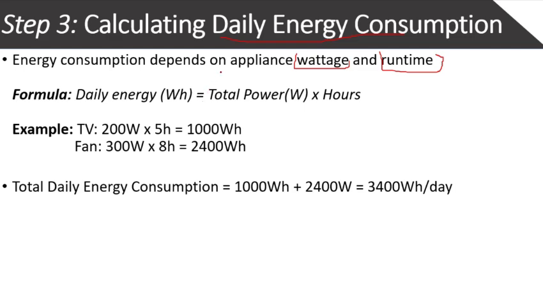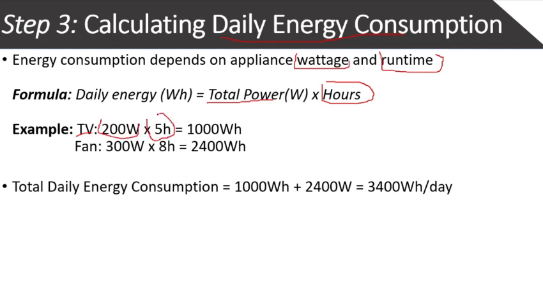And the formula for calculating your daily energy is your total wattage times the number of hours that particular appliance is running. For this example, we have the TV. The total wattage for this TV is 200 watts, and it's running for 5 hours.